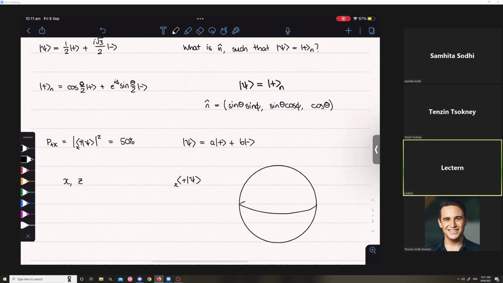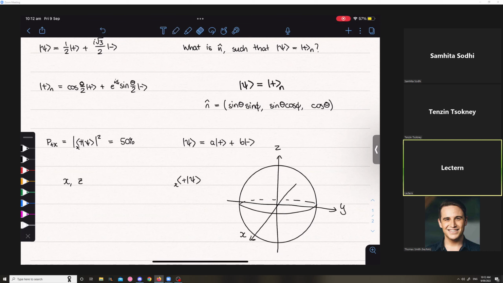On the Bloch sphere, I have some axes, and I basically want to locate where this state is on the sphere. And each of these measurements is telling me what the components are along each axis. So for example, let's call this one the x-axis, and this y and z.